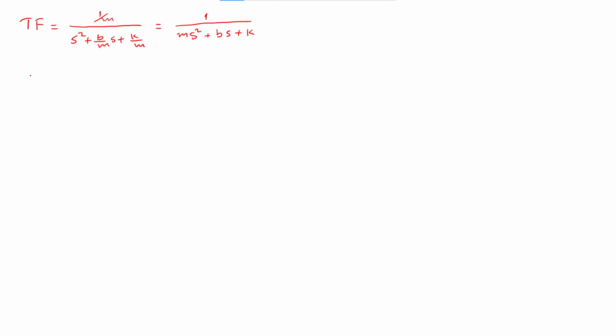So you have the continuous state space representation as capital H dot equal to [0, 1; minus k over, minus b over] times H1, H2, plus [0; 1 over] times u.